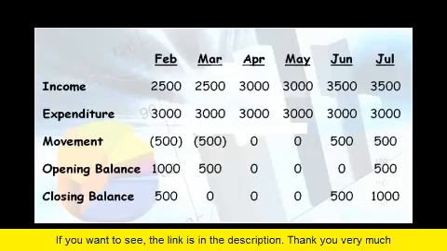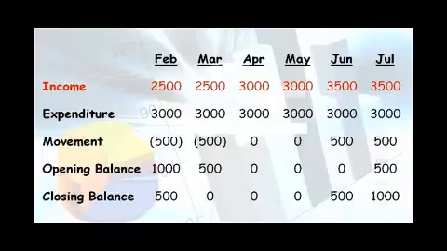So let's have a look at the example forecast line by line. The first line represents money expected to flow into the business during each forecast period. This could be based upon your sales forecast and could also include invoices that you've already issued but haven't received payment for yet.